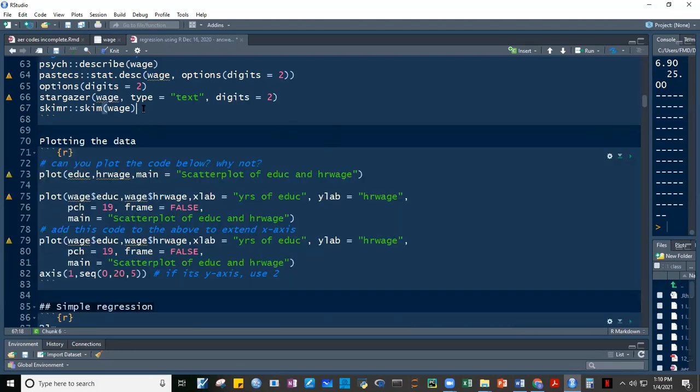Okay, then we have another package, the scheme R. Let's just wait for this. It takes a while.